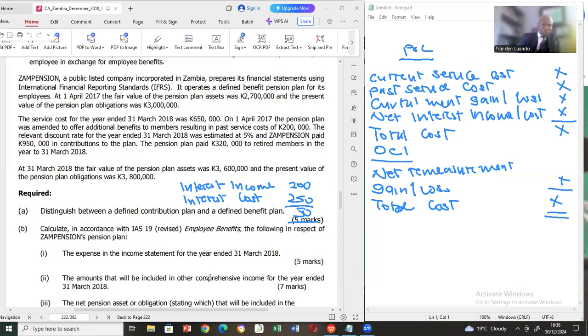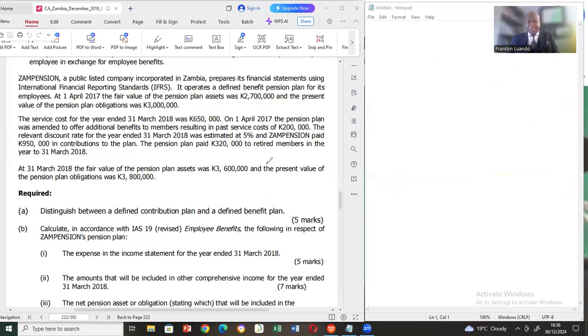Now, what goes to the statement of financial position? In the statement of financial position, you pick the year-end figures.